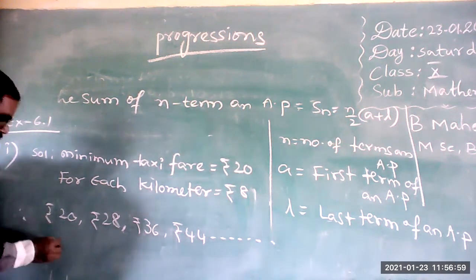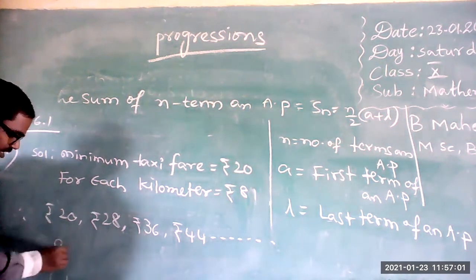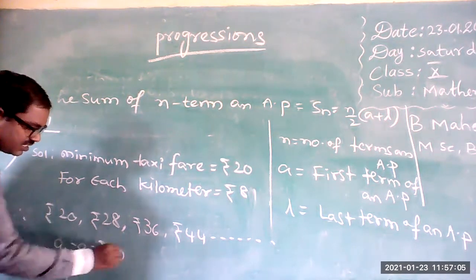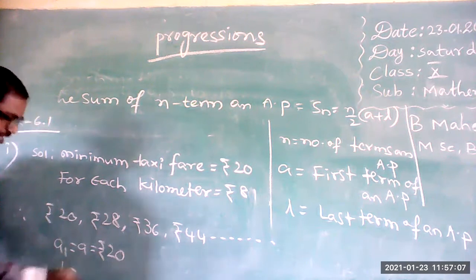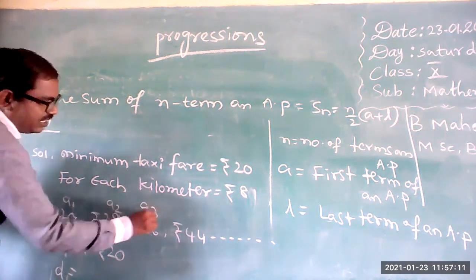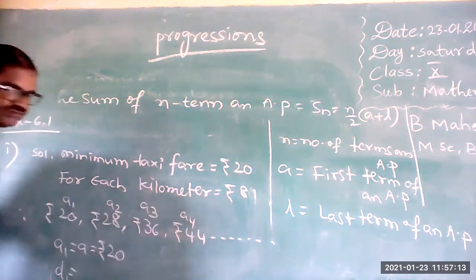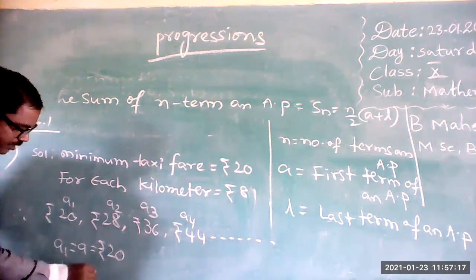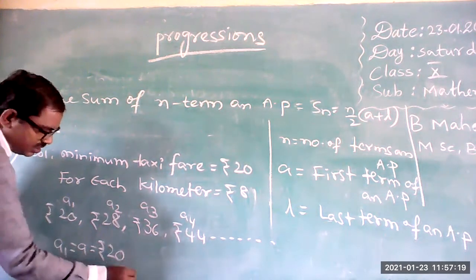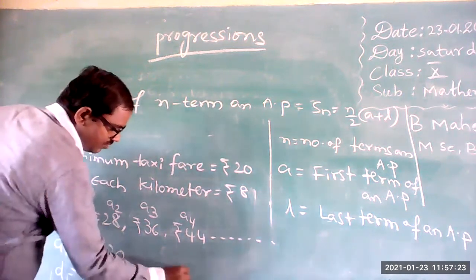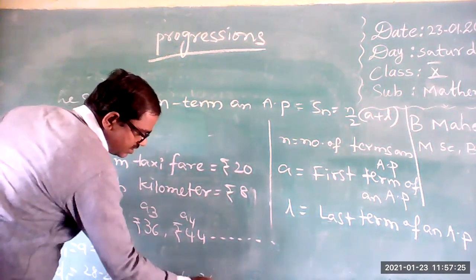How to find out? First, in the given series, the first term A is equal to A1 is equal to 20 rupees. D is equal to the common difference. These are the terms A1, A2, A3, A4. So D is equal to 28 minus 20, 36 minus 28, 44 minus 36.